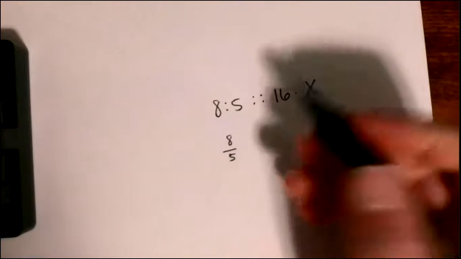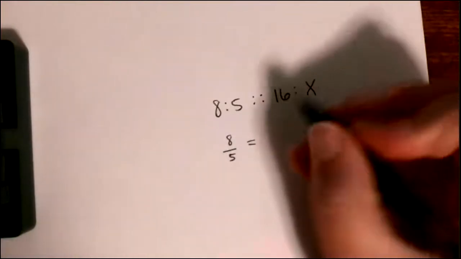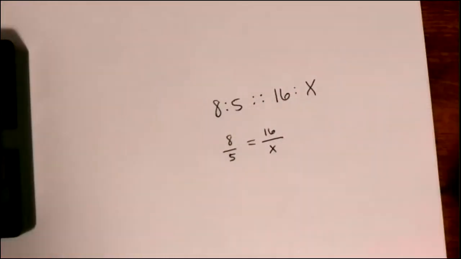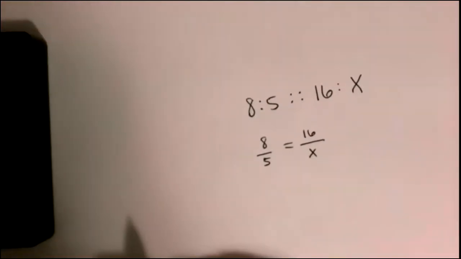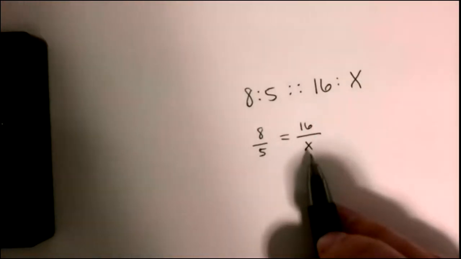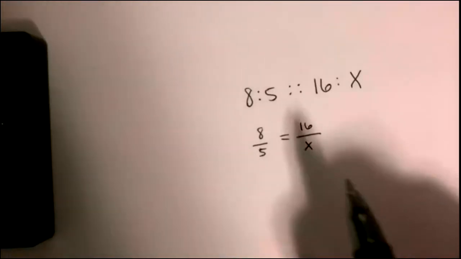These two colons mean equal to, and then I have 16 to x, or 16 over x. Now, if you have not seen two fractions being compared to each other, where you have to solve for x before, please pay attention very carefully to this process.